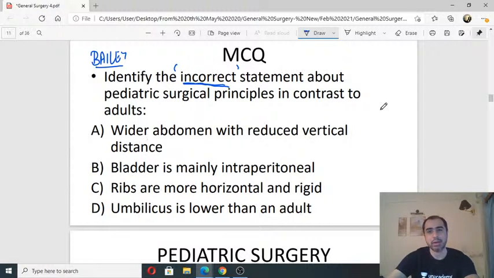Wider abdomen and reduced vertical distance. This is correct. The abdominal wall or the abdominal space compared to an adult in a child is relatively broader. So the ribs are like this in a child. Here will be the umbilicus. This will be the pelvis.